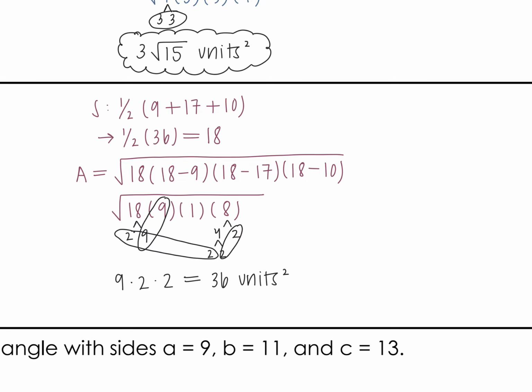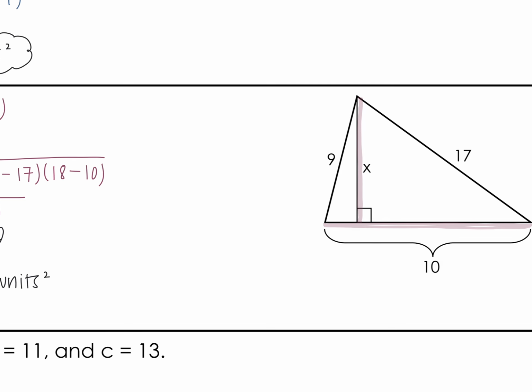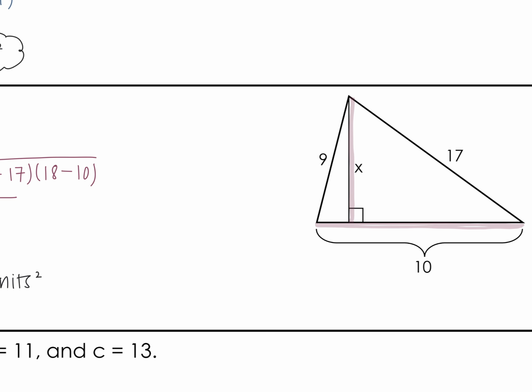Okay, so I have an area of 36 units squared. And so I know that that area, 36, is going to be equal to 1/2 my base, which is that 10, times my height of x.